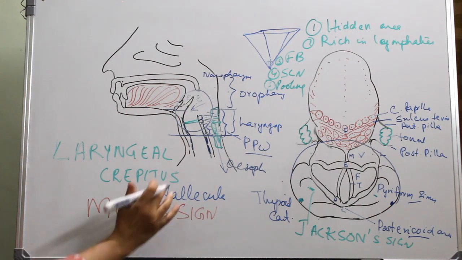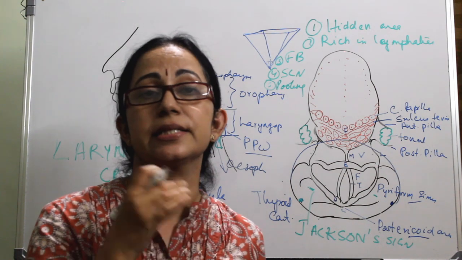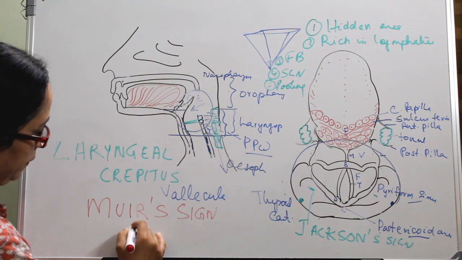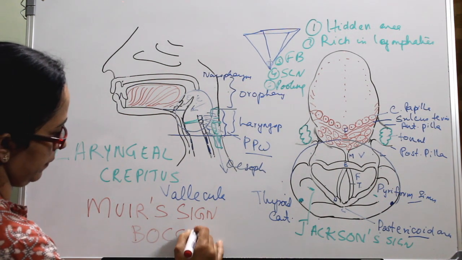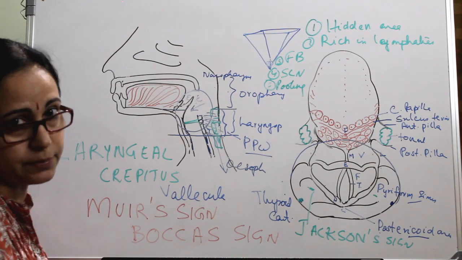Okay, so if this sign, laryngeal crepitus, is present, that grating sensation is called Muir sign, and if this sign is absent, we call it Boca sign. This is usually asked as MCQs.